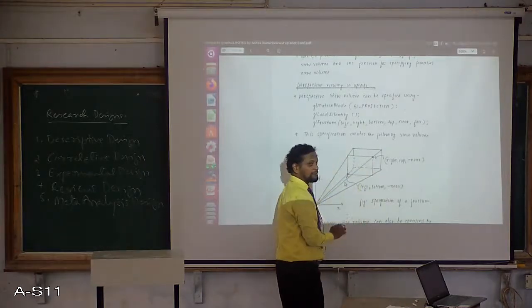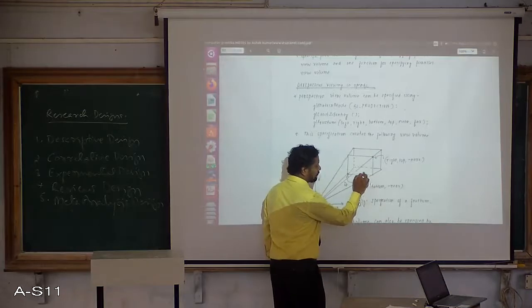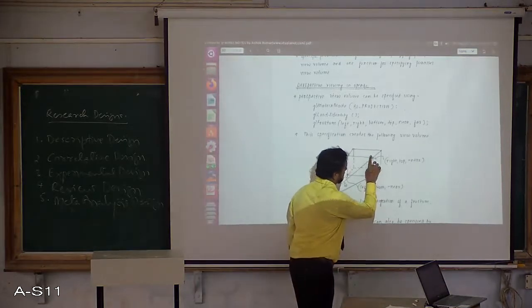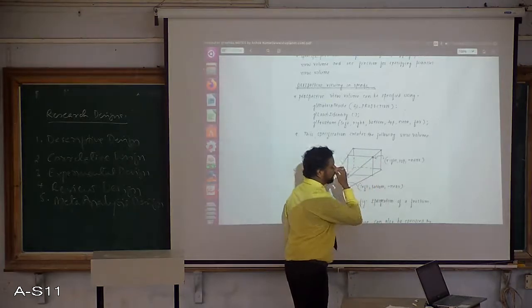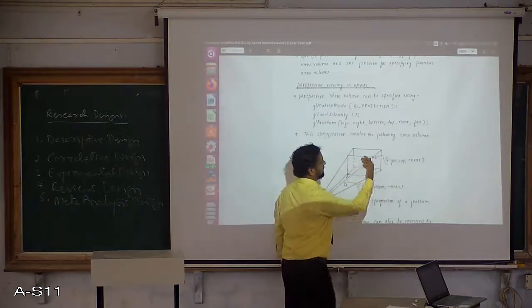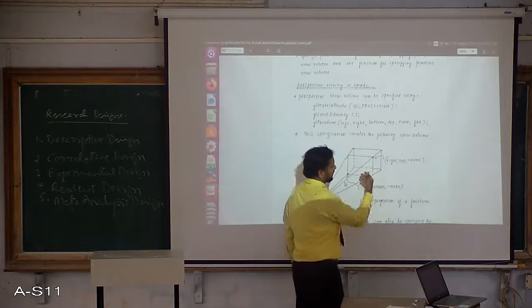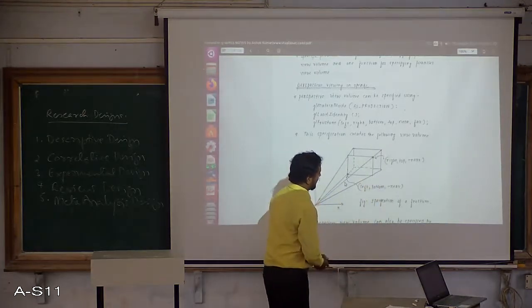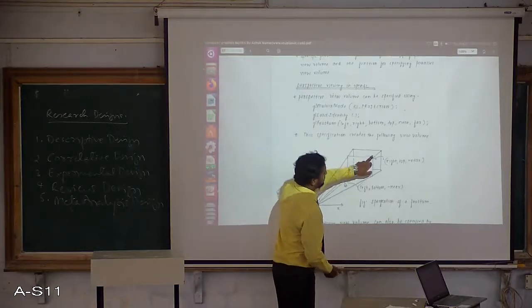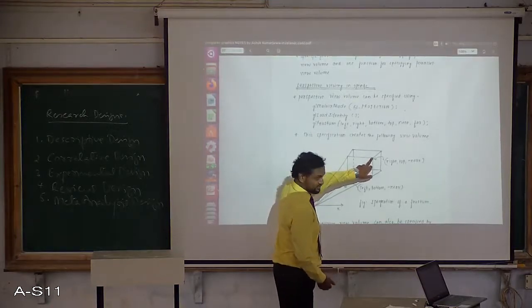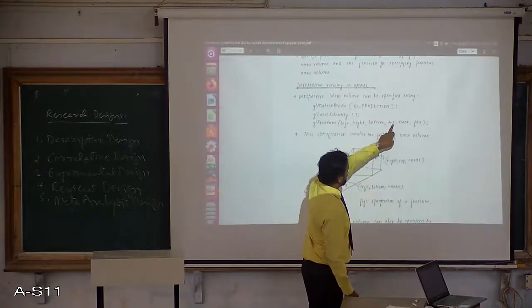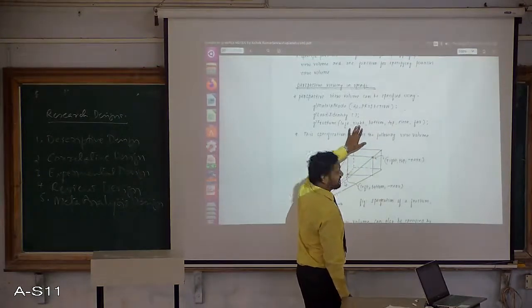This is at the top side, and this is at the bottom. There is a front face and a back face, the nearest and the farthest. So this is the right point, the top point, and the nearest. This is near, top, and at the right side.